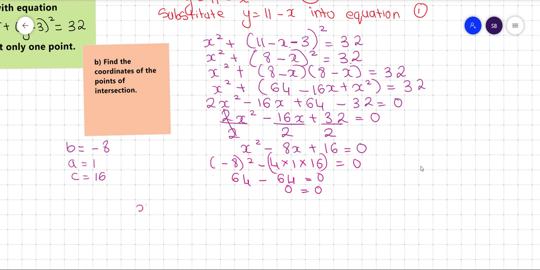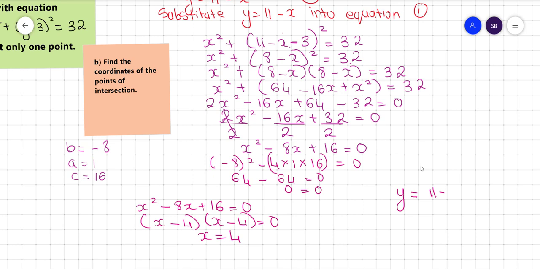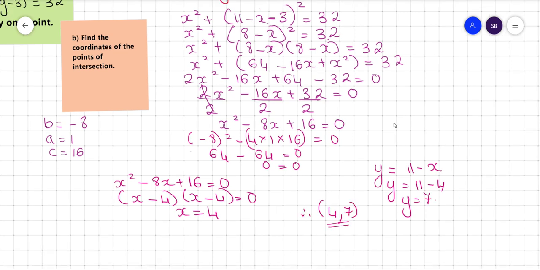Now let me take this. x squared minus 8x plus 16 is equal to 0. I factorize this. It becomes (x minus 4) into (x minus 4). So we are getting a repeated root which is x is equal to 4. Finally substitute this into the equation of the line, which is y equals 11 minus x. So y is equal to 11 minus 4, that is 7. Therefore this is the coordinate.